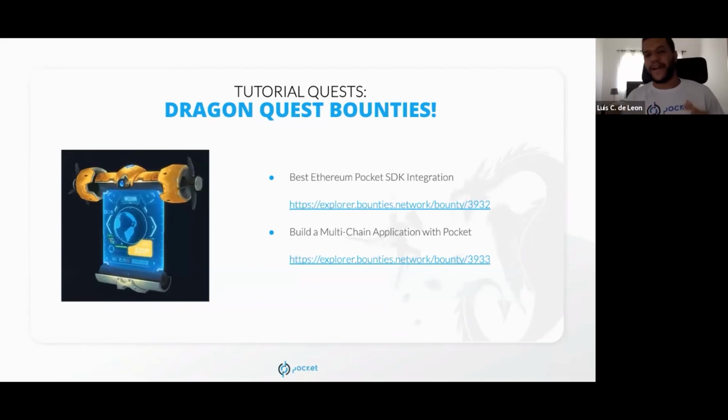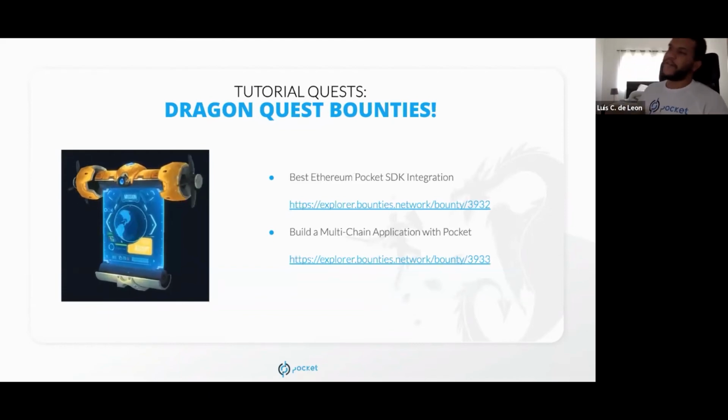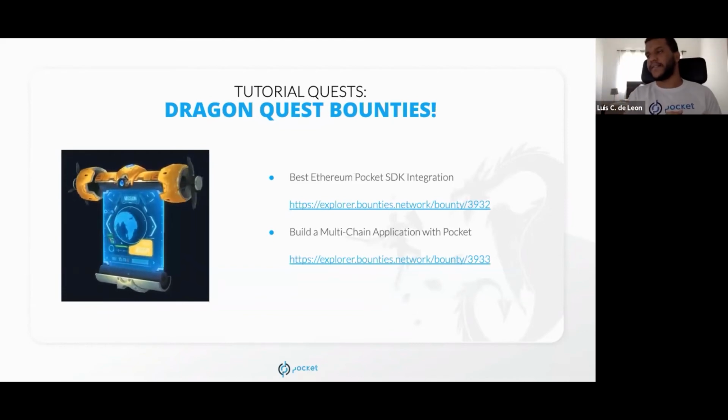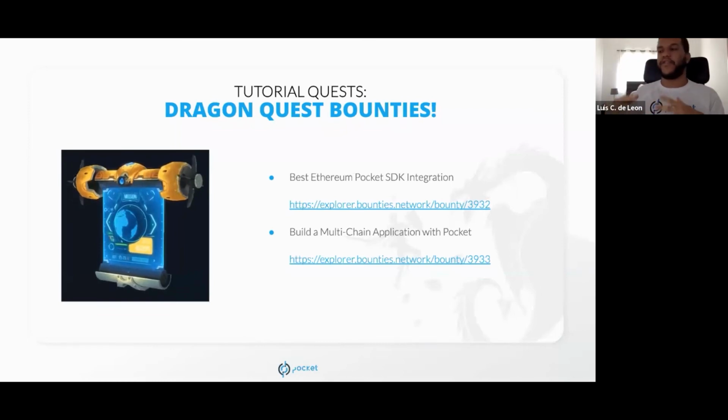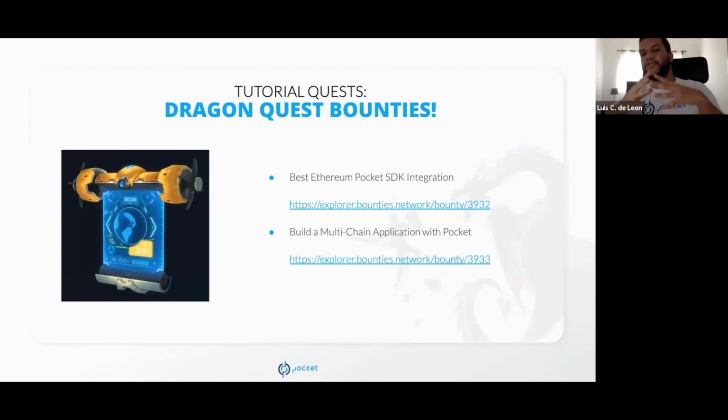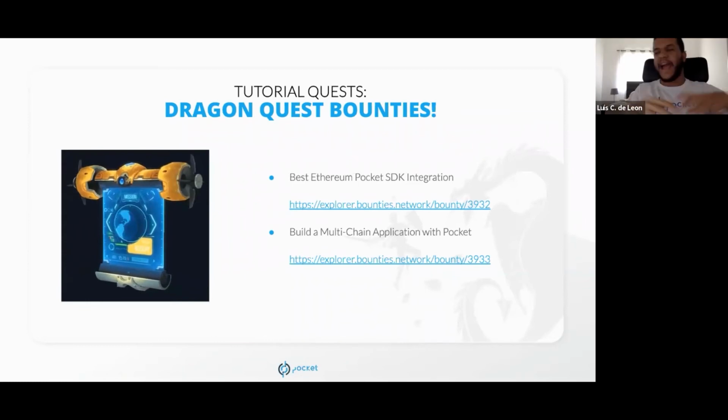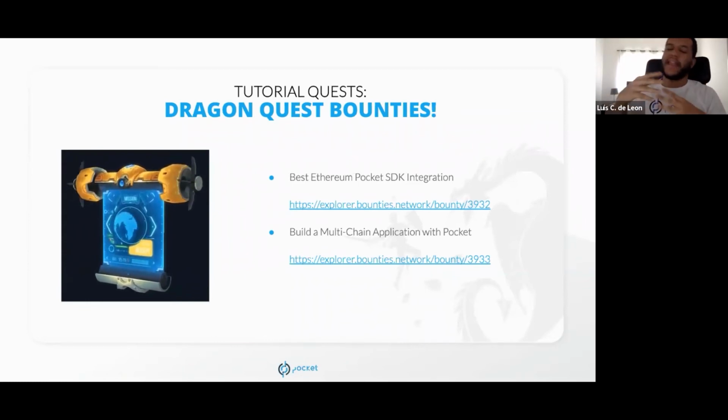So in order to master your new tools, we've set up some tutorial quests in the form of Dragon Quest bounties. We've created 2 bounties. The first bounty is the best Ethereum Pocket SDK integration. What does this mean? Of all the Ethereum apps that you create, we're gonna pick the best one that uses Pocket to reach the Ethereum network.